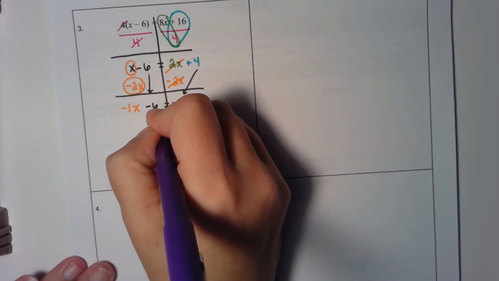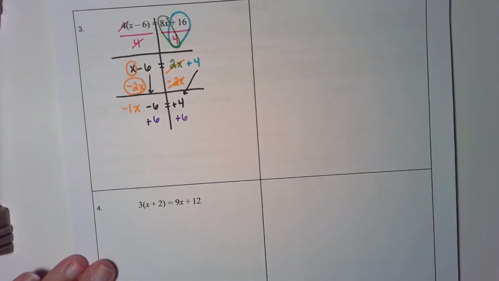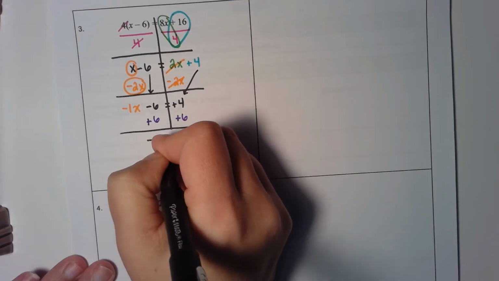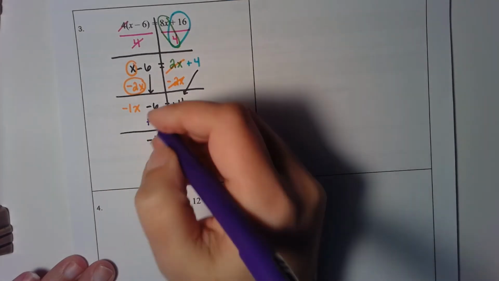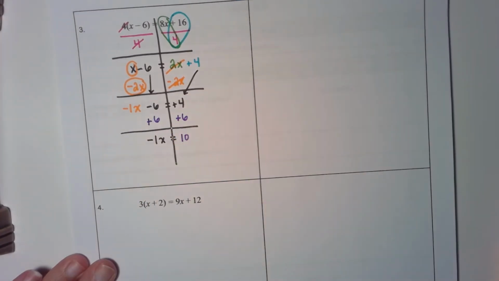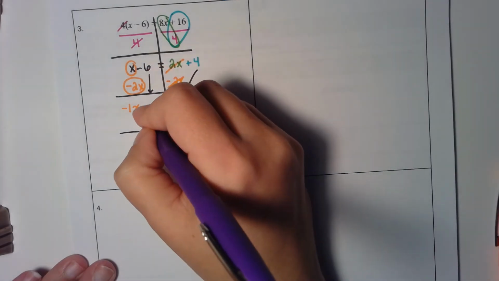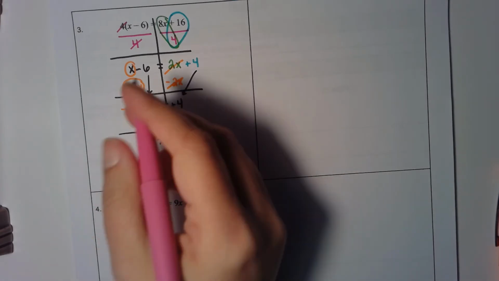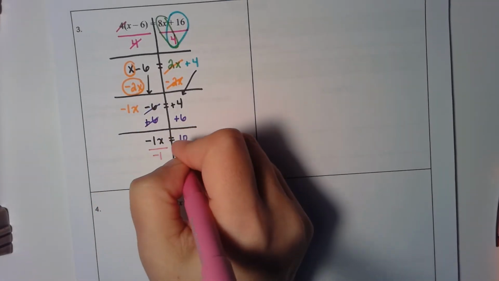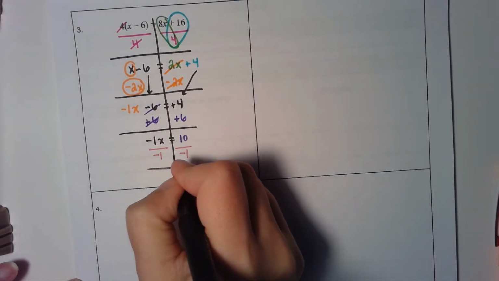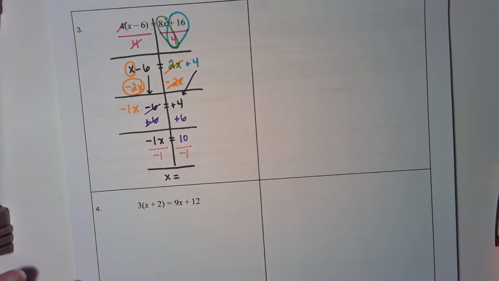So I'm going to add 6 on both sides. And when I do that, I get negative 1x equals 4 plus 6 is 10, because the 6's cancel. And last but not least, I'm going to divide by negative 1 in order to get x by itself. And when I do that, I get x equals negative 10.